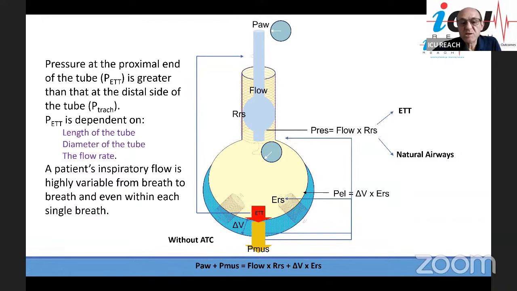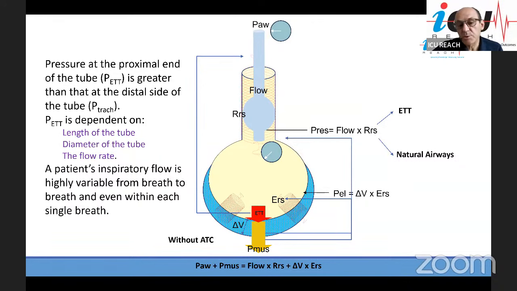Again, the patient's inspiratory flow is highly variable. It's different from one breath to another. So when you set a pressure support, let's just say it is 5 centimeters of water, you would say, well, I can set a pressure support of 5 centimeters of water during my spontaneous breathing trial, and then I can overcome the artificial airway resistance.